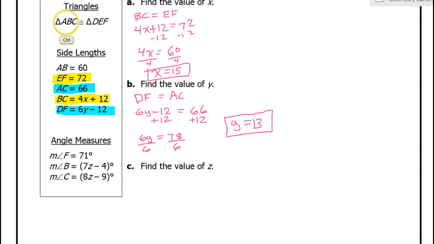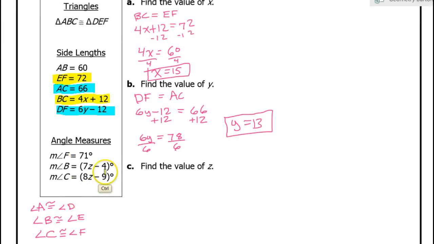So angle A is congruent to angle D. Angle B is congruent to angle E. And angle C is congruent to angle F. Okay, so keep that in mind.